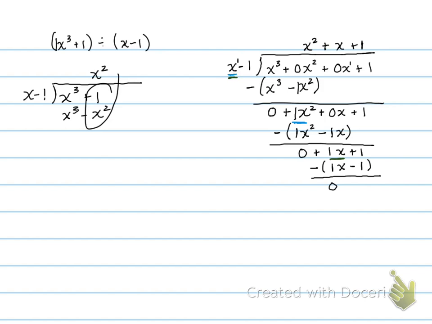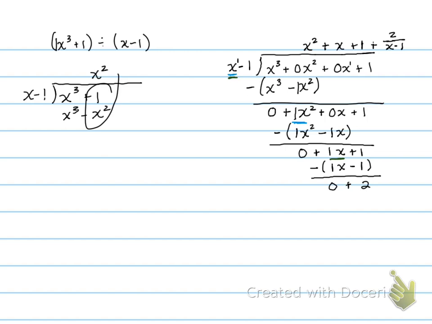And then 1 minus negative 1 is a positive 2. Now we know we're done because the degree of the remainder is 0 and the degree of the divisor is 1. So plus 2 over x minus 1.